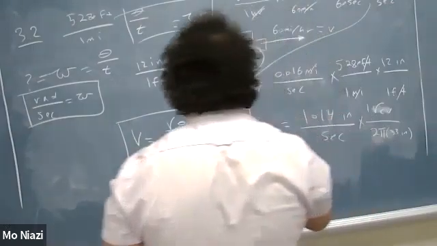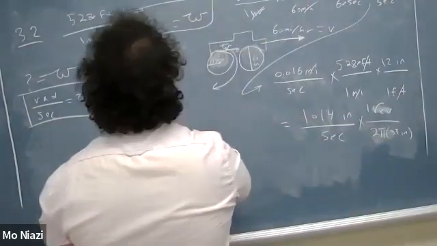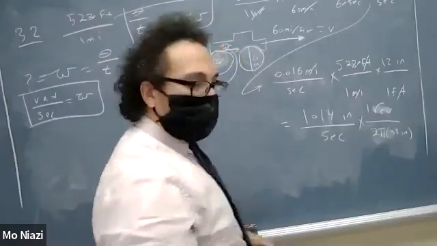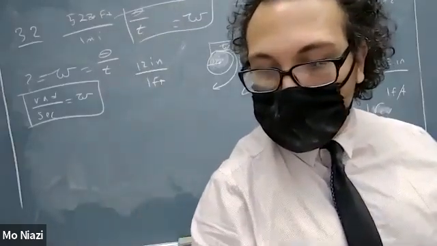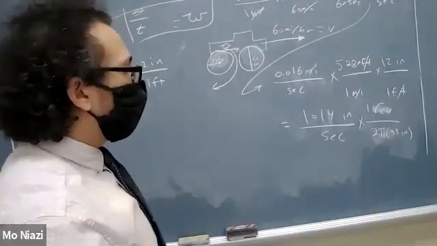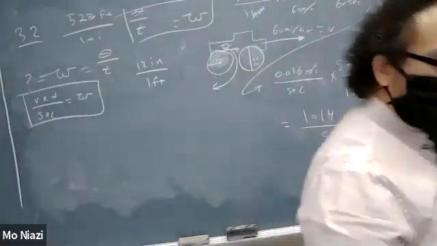So I'm going to delete these formulas because they're in the way right now. So what does this equal? This answer divided by 2 pi times 33.